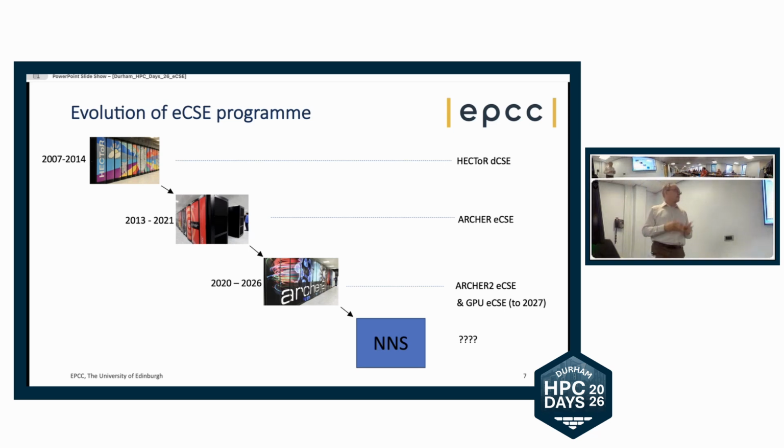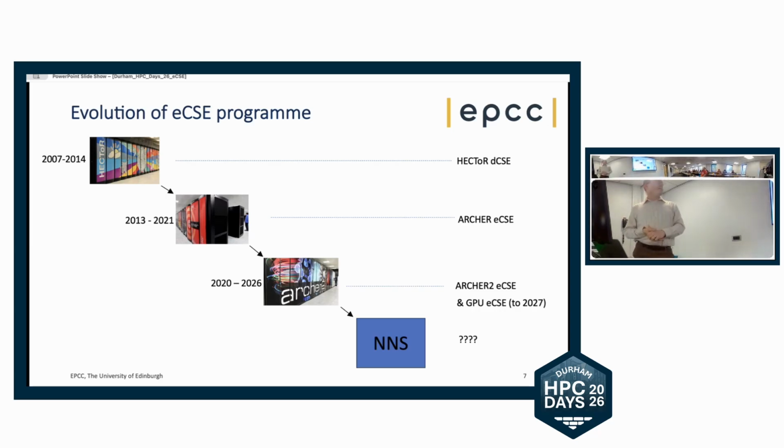There were a number of DCSE projects then, and when we moved on to Archer, it became the ECSE, the embedded CSE program. So we're going on for 20 years of running now, which I hadn't really realised until I thought about the slides. This concept has been around for nearly 20 years.